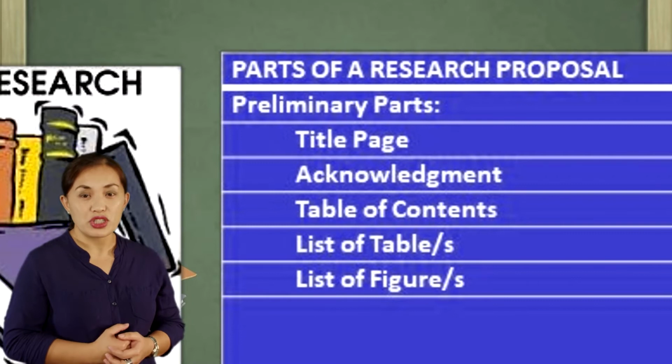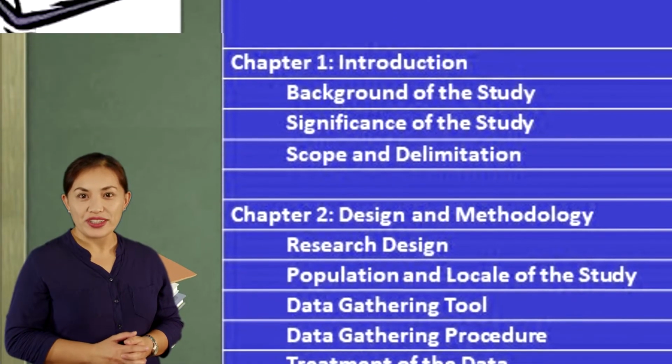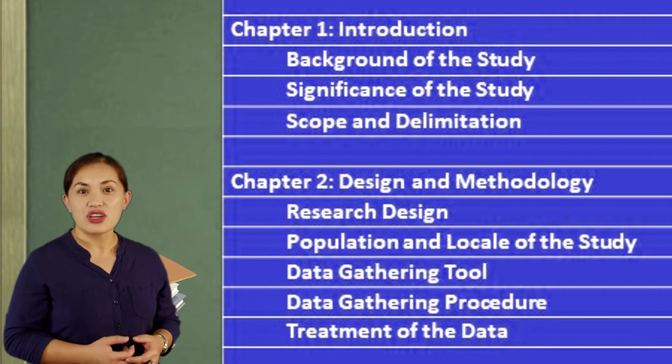We have preliminary parts, which include the title page, acknowledgement, table of contents, list of table or tables, and list of figure or figures. For chapter 1, which is the introduction, we have the background of the study, significance of the study, and the scope and delimitation.